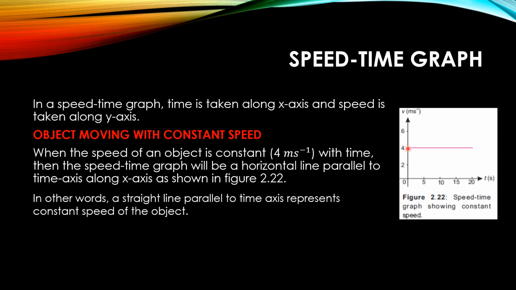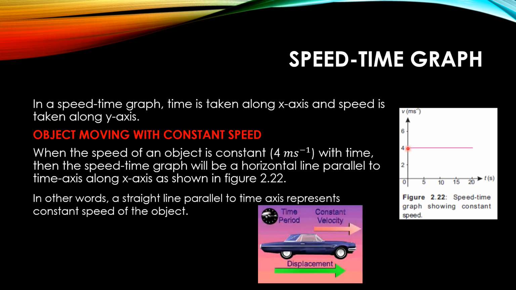In other words, a straight line parallel to the time axis represents constant speed of the object. In this figure, time is changing but the body is moving with constant speed. Displacement is covered equally in equal intervals of time.